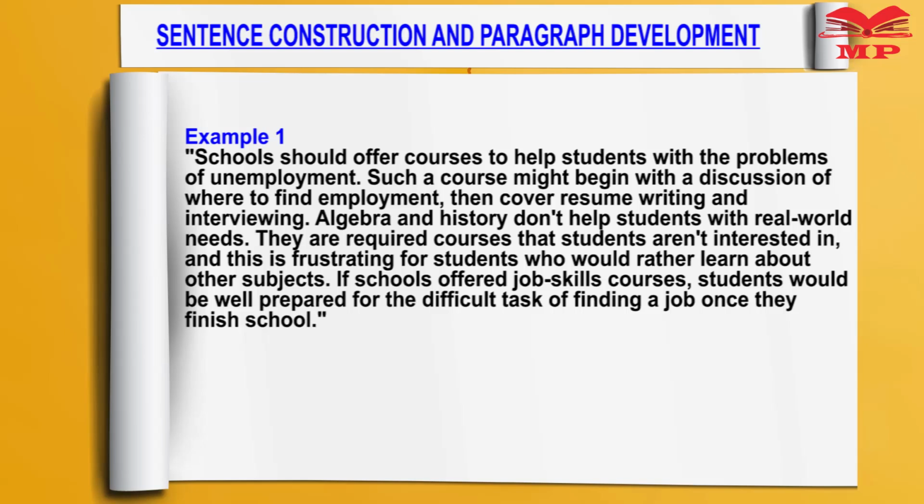Do you understand? The writer veers off onto the topic of algebra and history before returning to the main courses of employment. Because we read algebra and history don't help students, then they are required courses that students aren't interested in. All right? Then the writer comes back to the schools offering job skills courses.